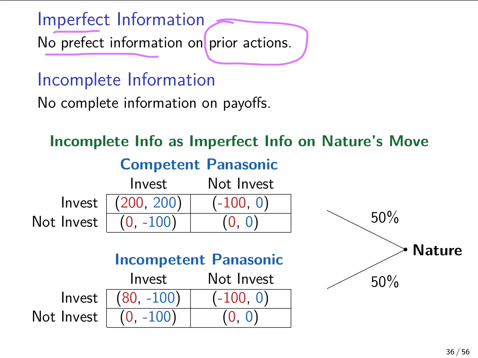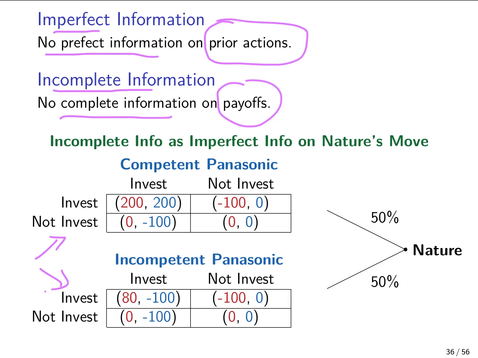And whenever we talk about incomplete information, we are talking about games where some player may not have complete information on the payoff. So in this case, it's incomplete information because Tesla has no idea whether the payoff is given by this matrix or this one.